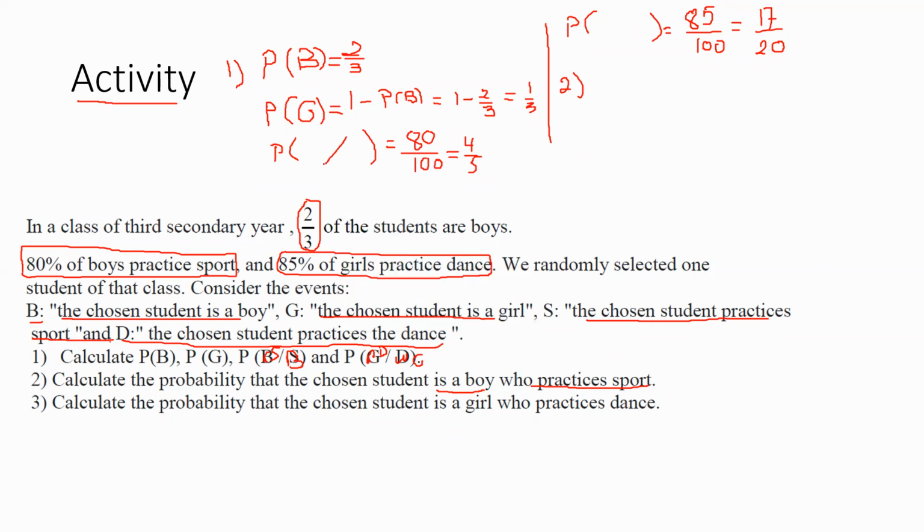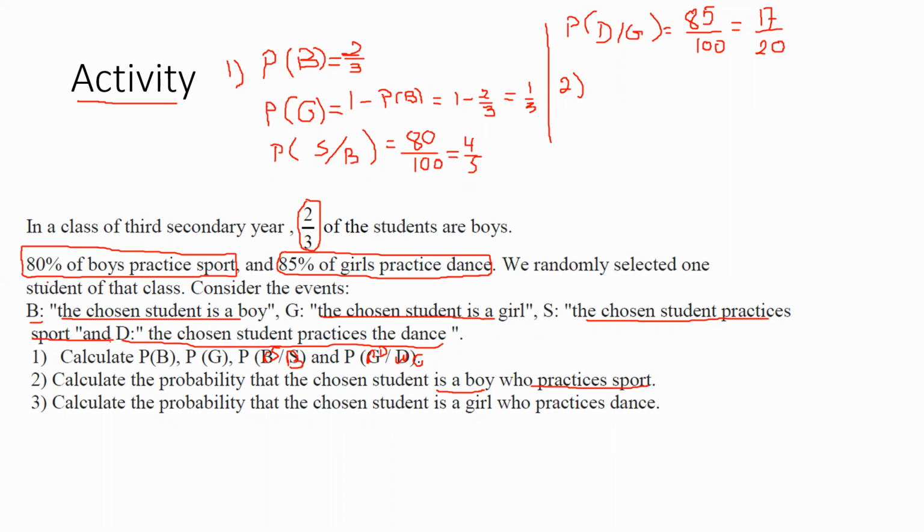Why like this? It is not correct. Here, 85% of the girls, knowing that she is a girl. Here sport, here dance given girl. The same answer.